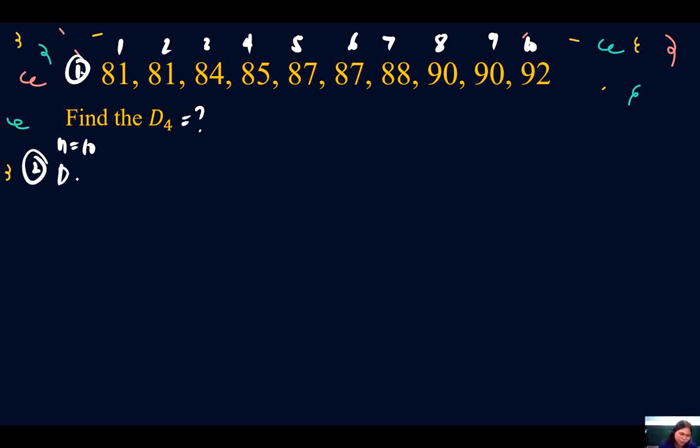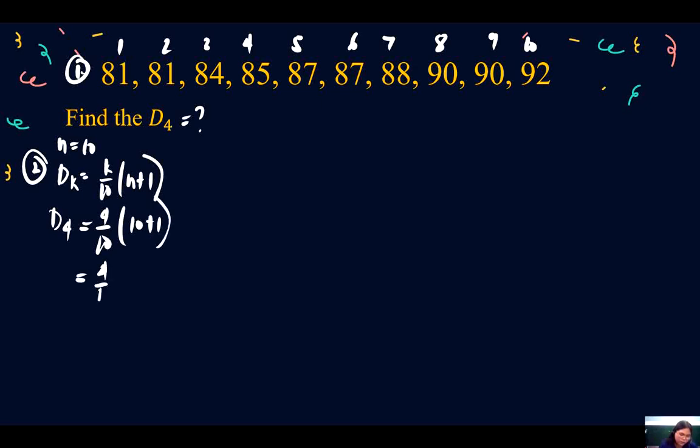Okay, so D sub k or the decile formula is k over 10 times n plus 1. So we're looking for the position of the 4th decile. So 4 over 10 quantity, our n is 10, plus 1. So 4 over 10 times 11, which is equal to 22 over 5, which is equal to 4.4.